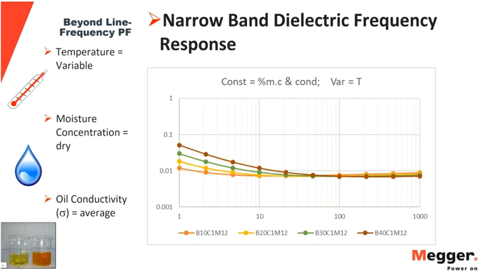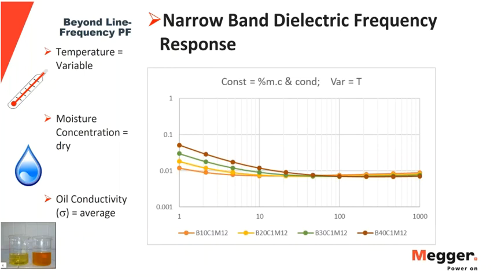This next one is looking at, okay, what happens now? We've varied moisture, we've varied oil conductivity. What happens when we hold moisture concentration the same, and we assume that this is a transformer in dry condition? Oil conductivity is average, and we vary the temperature. You can see here are the influences of temperature. By increasing our temperature, as you see on this top curve, it causes separation from the same insulation system in the same condition, only tested at lower temperatures.